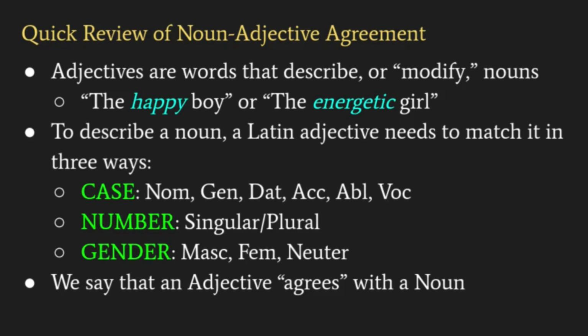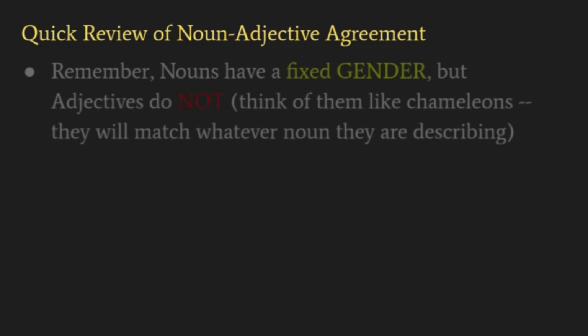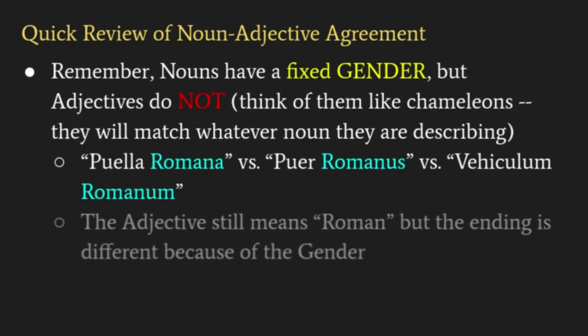In English, it's pretty straightforward. In Latin, you need to make sure that they're matching in three ways. So the adjective needs to match the noun in case, number, and gender. And we call this agreement. So just make sure you feel comfortable with that moving forward. Then we said, and you want to keep this in mind, that nouns do have a fixed gender, right? So every noun only has one gender, adjectives don't. So you can think of them like chameleons, right?